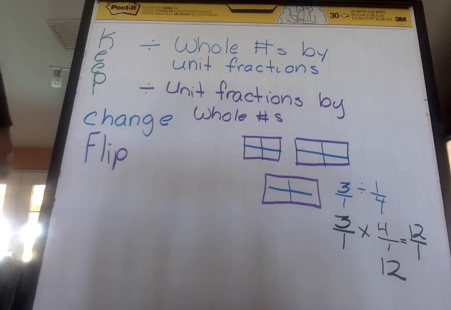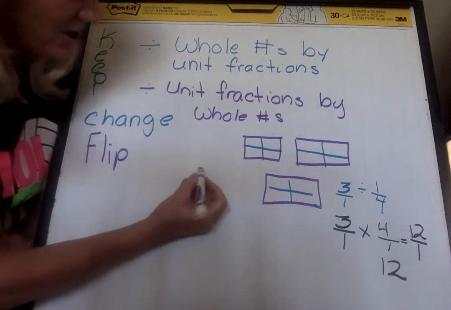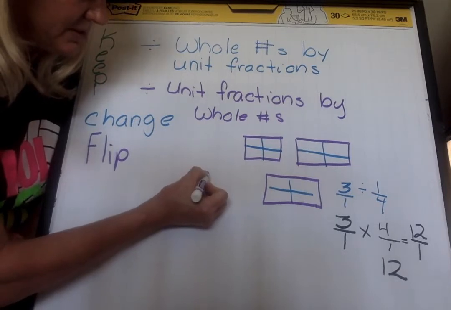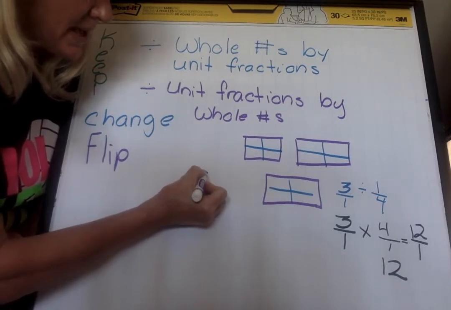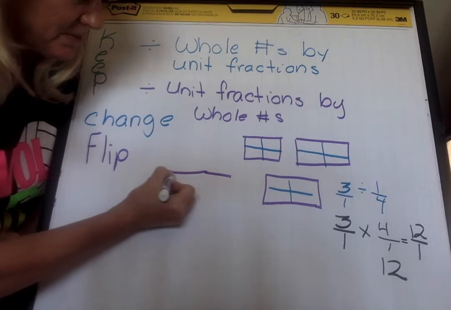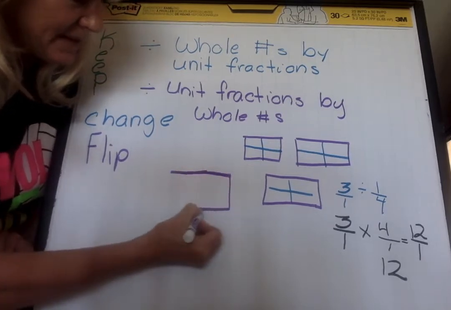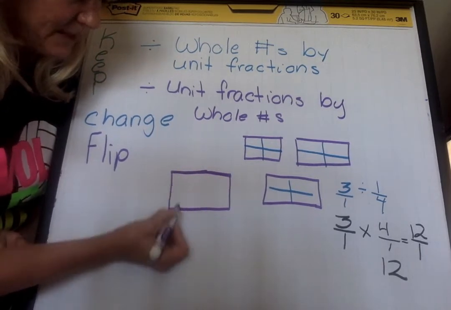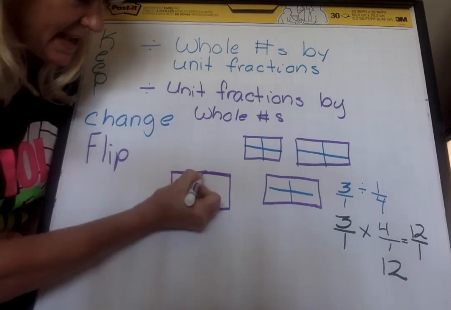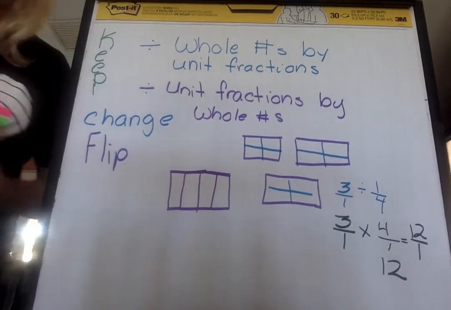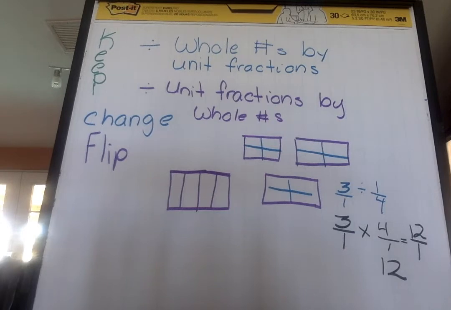This time, I'm going to start with a fraction. So, I'll keep it with a rectangle. Let's say that I made lasagna last night, and I had only 1/4 of it left.